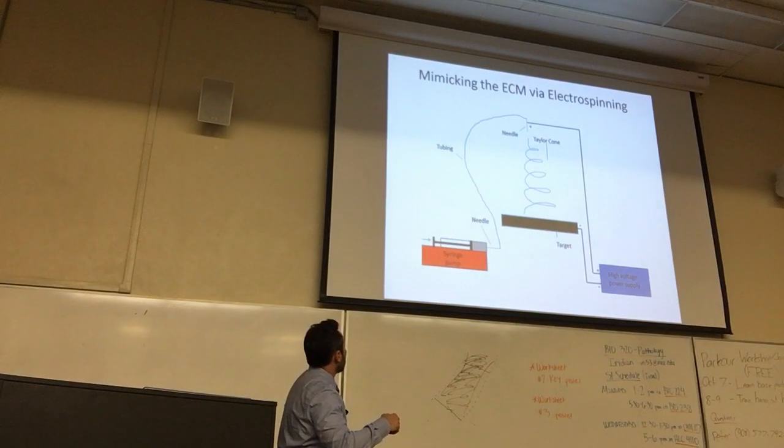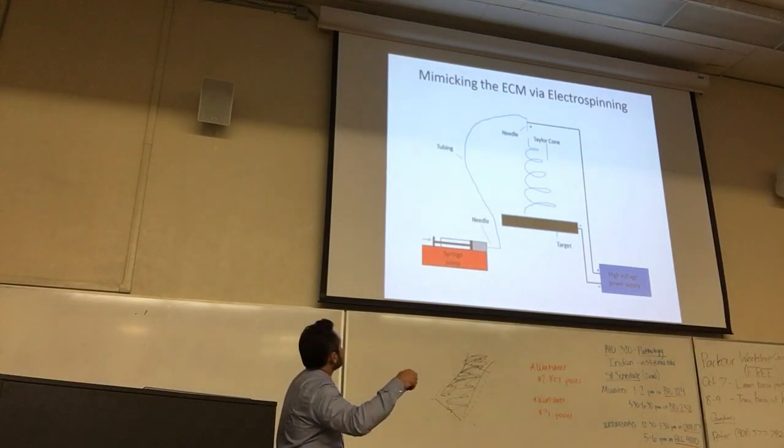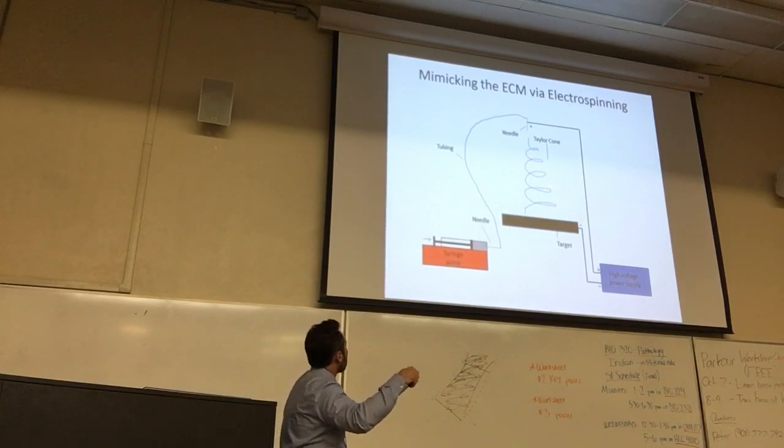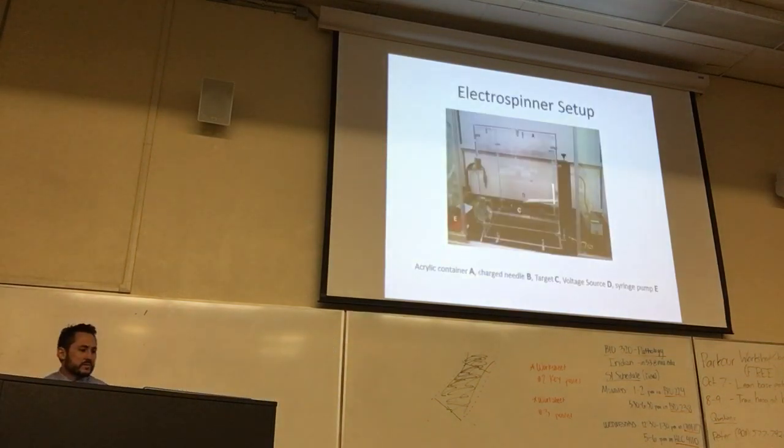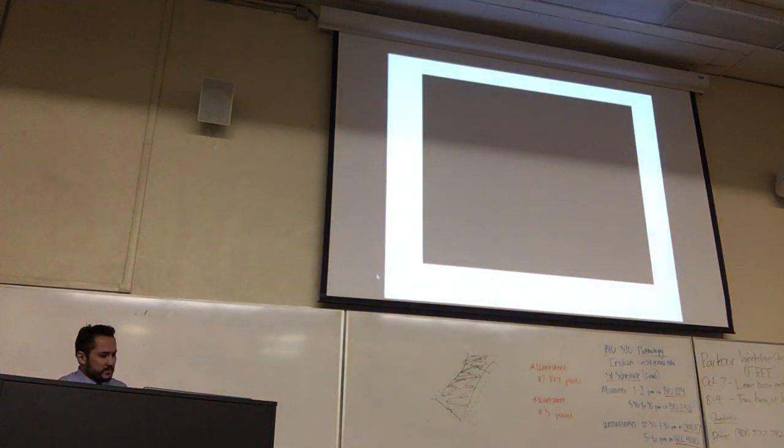We put them through a syringe pump into a tubing with a needle connected to a positive electrode. This is a high voltage supply. We set this at about 30,000 volts. This is the negative target, and it creates what's called a Taylor cone. It almost looks like spinning spider webs. This is the setup in the lab from that cartoon drawing, and let's see if this plays.